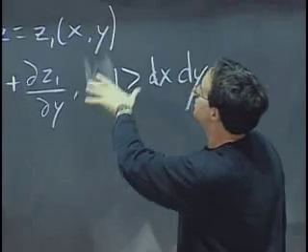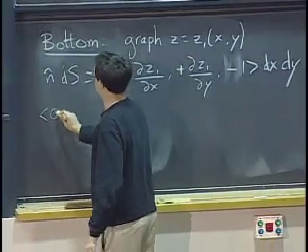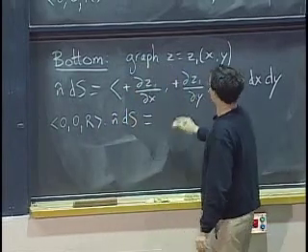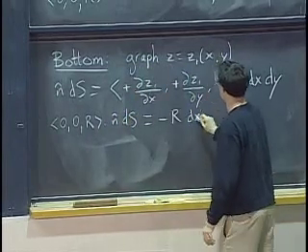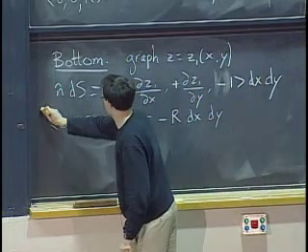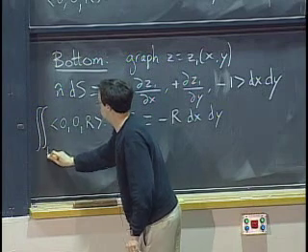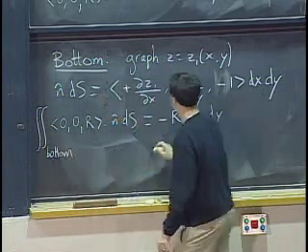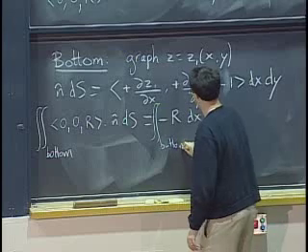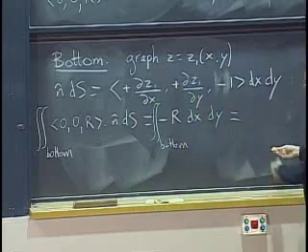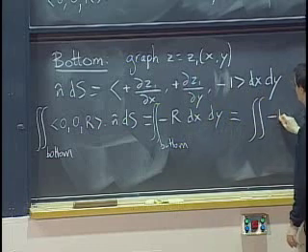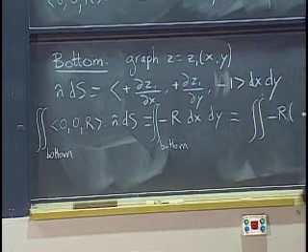Now, if I do things the same way as before, I will get that the integral of (0, 0, r) dot n dS will be negative r dx dy. And so when I do the double integral over the bottom, I'm going to get the double integral over the bottom of negative r dx dy, which if I try to evaluate that, well, sorry, first I will have to substitute the value of z.